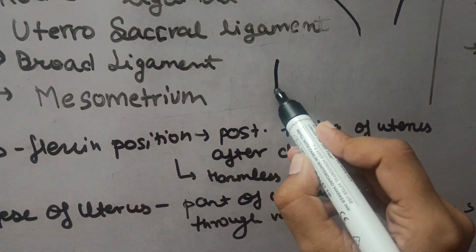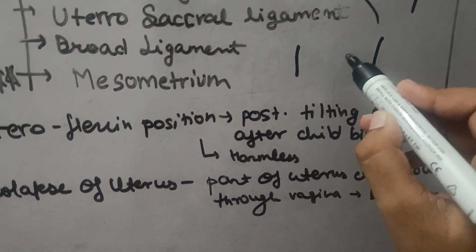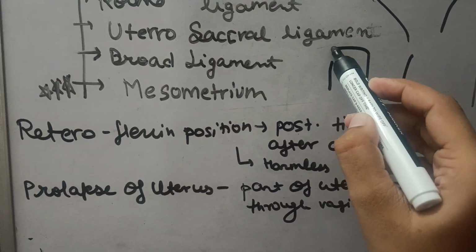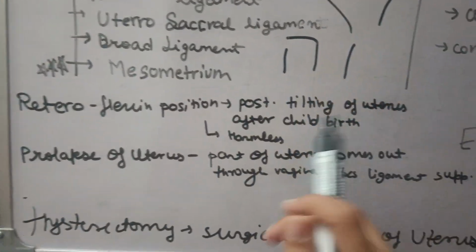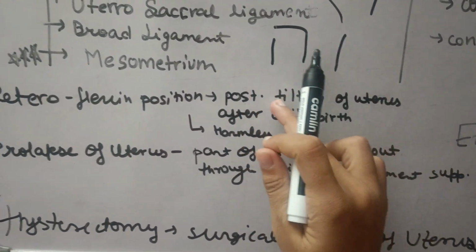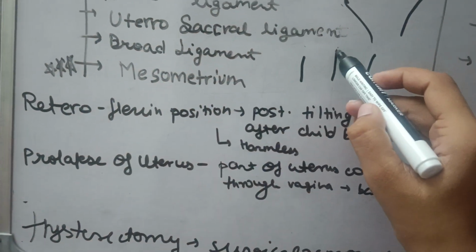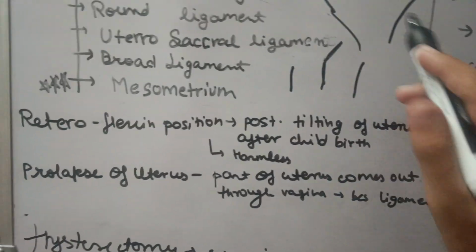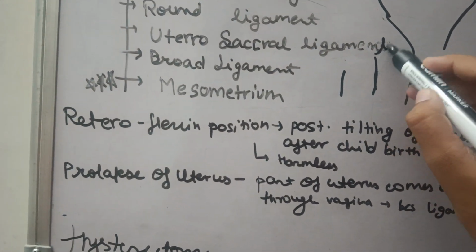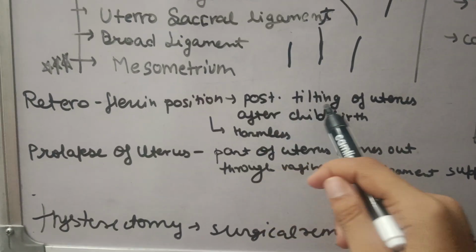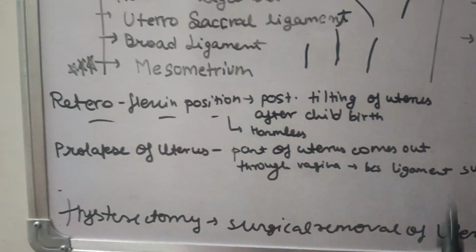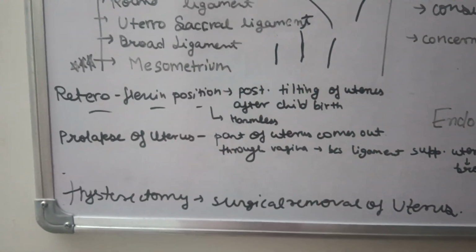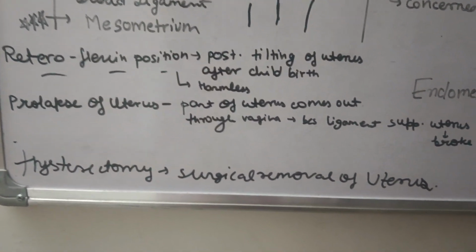You can also see this in NCERT. If this is your urinary bladder, this is your rectum, and your uterus is like this, that is known as anteflexion position. But after childbirth, it tilts posterior, either like this or like this. This posterior tilting of the uterus after childbirth is known as retroflexion position, and it is harmless. After 2 to 3 months, it comes back to its normal position.